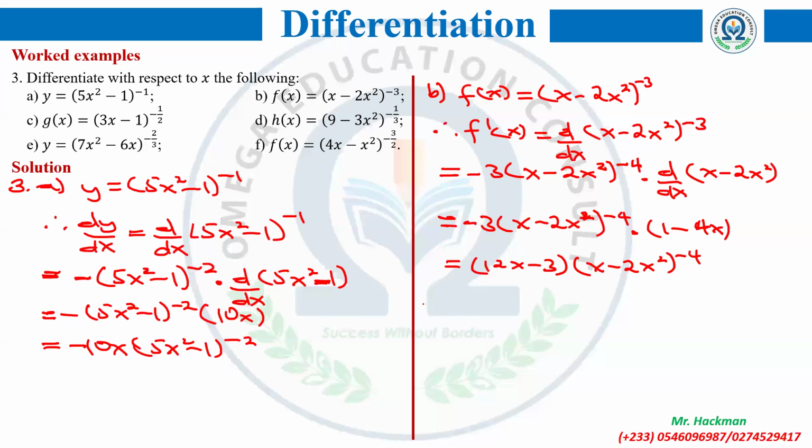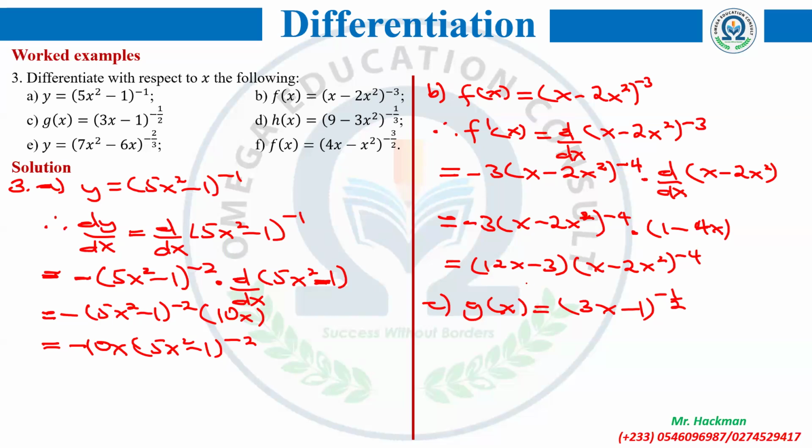What are we given? G of x is equal to 3x minus 1 all to the power minus half. I would have gone for D because if you're able to do D, you should be able to do C.